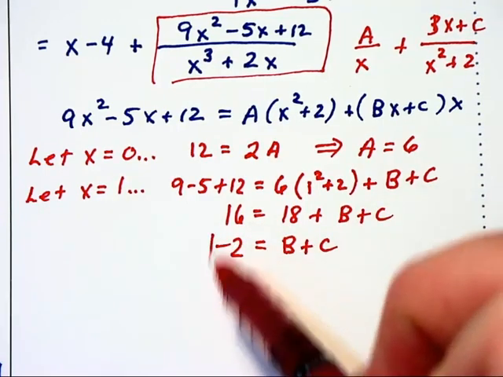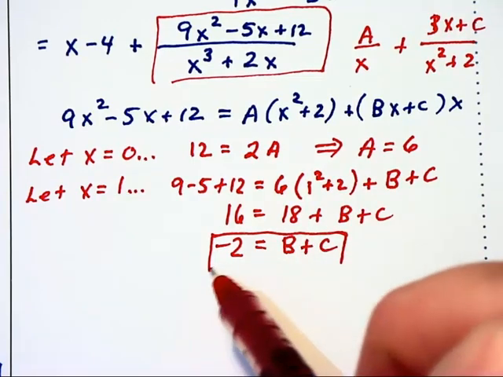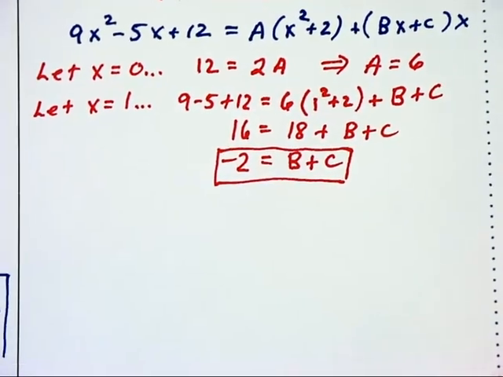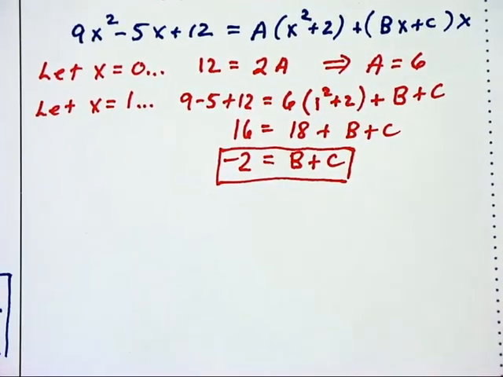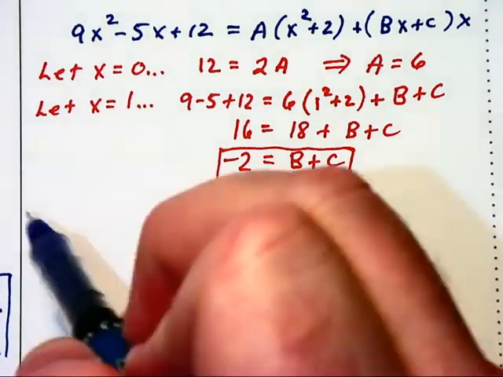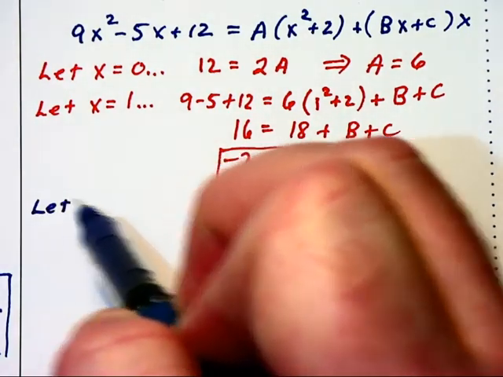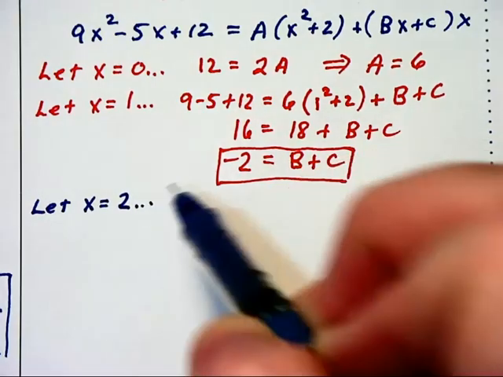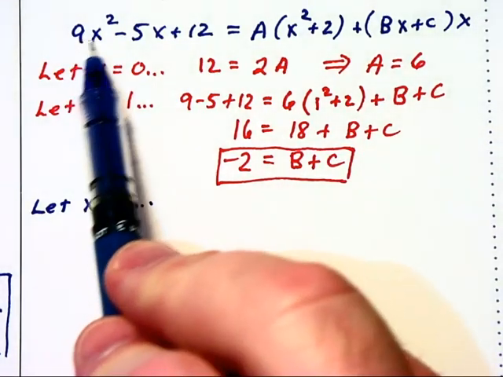But unfortunately, that does not help us solve the problem because we need to know what B and C are. So we continue on with this process. We choose another number for x, and I'm going to change colors here just to organize my work a little. Let's let x equal 2 this time. The left side becomes 9 times 2 squared.